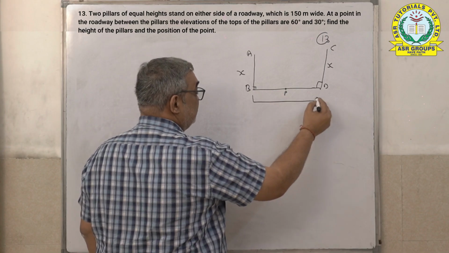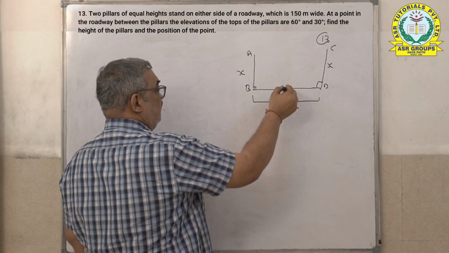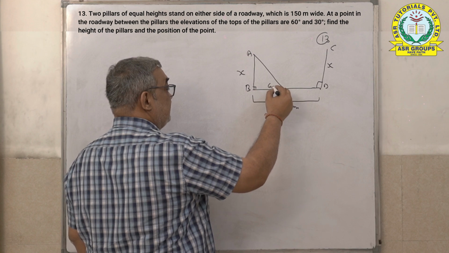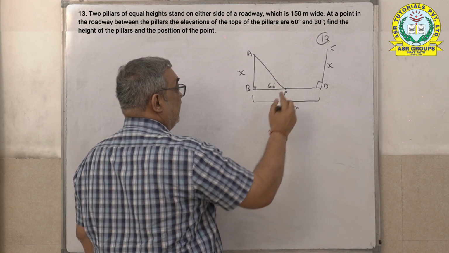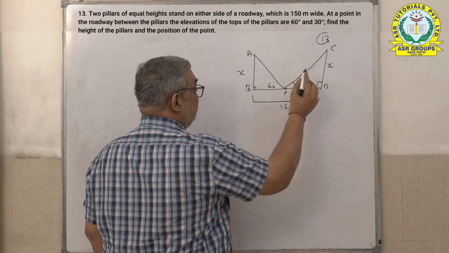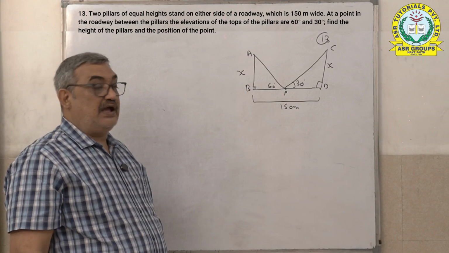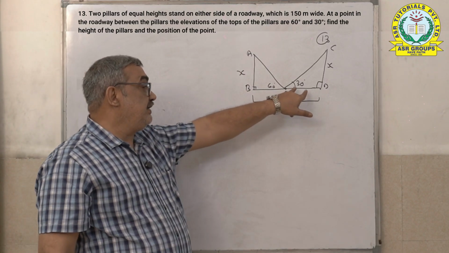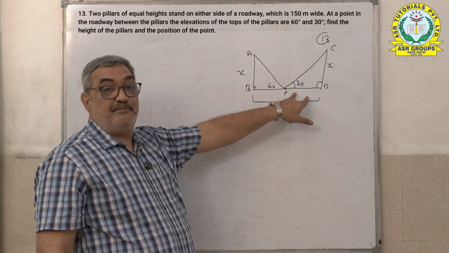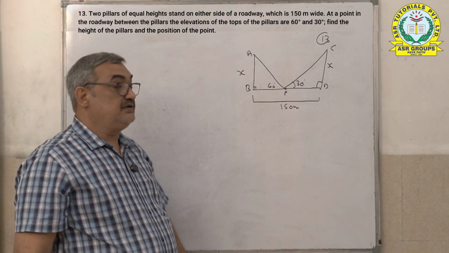Length of the road is 150 meter. From this point, the angle of elevation is 60 degree, and from this point, the angle of elevation is 30 degree. Find the height, and BP and PD. BP and PD we will find in terms of x.